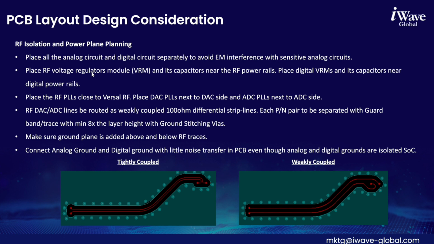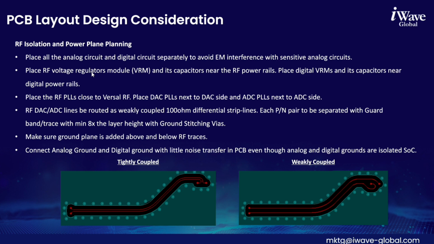And when we place the regulators and VRMs for the RF, place the RF rail regulators near to the RF rails so that we'll get better performance. Also make sure the VRM designs and their capacitors are placed very closely. Similarly, the RF PLLs also have to be closely placed to the devices so that you will not have power loss in the PLL line.